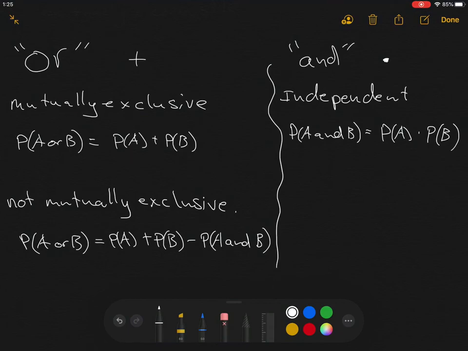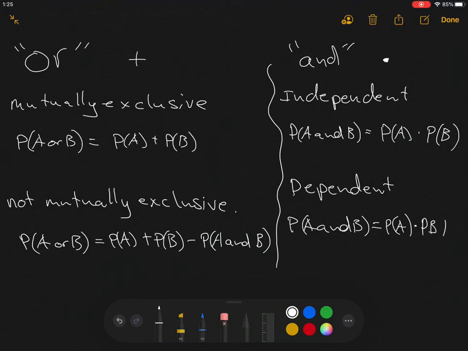Probability of B is probability of B. And then we also have the dependent case where we have probability of A and B is equal to probability of A, and then now the event A is influencing what the probability is of having B occur. So now we have times probability of B given that A has occurred, like that. That's the formula for the dependent case.